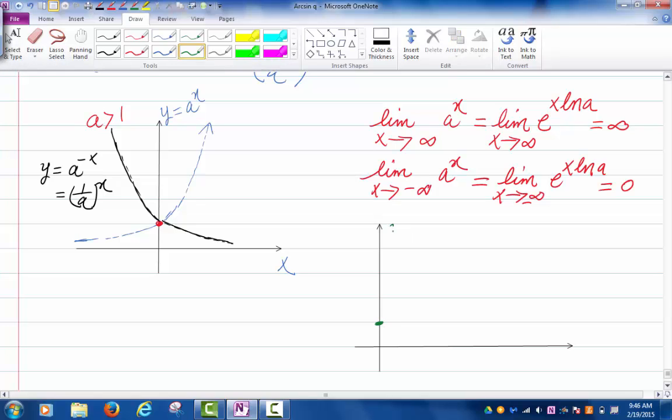This is the case where I'm taking y to be a to the x, but here I am taking a between 0 and 1, when the graph I know is still concave up but decreasing. How do we know that? Because we know the derivatives, right?